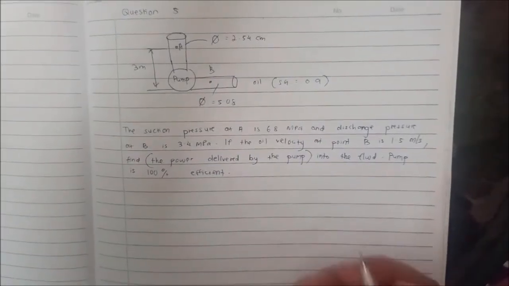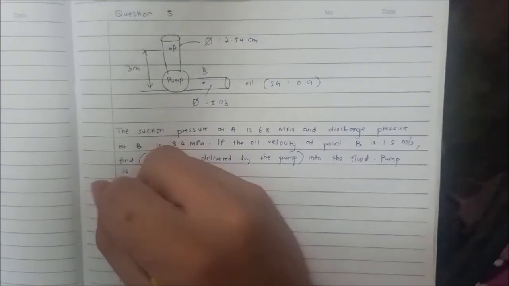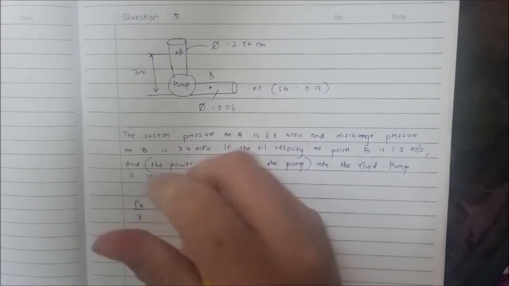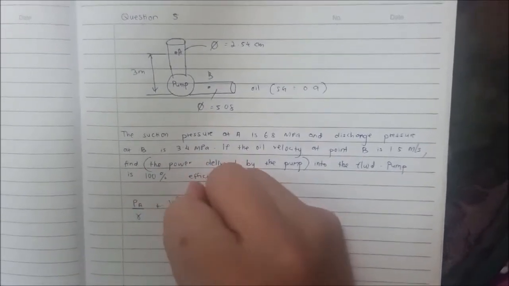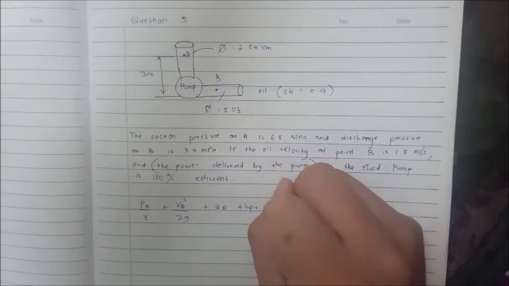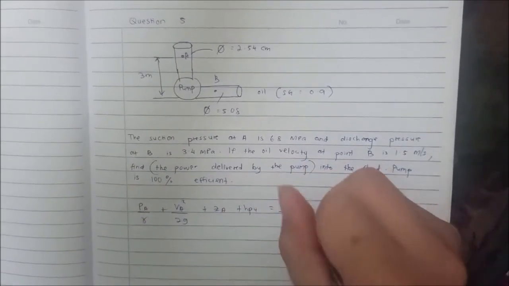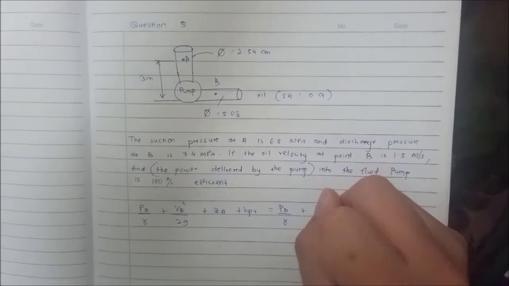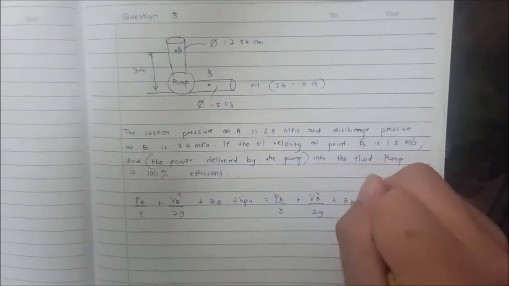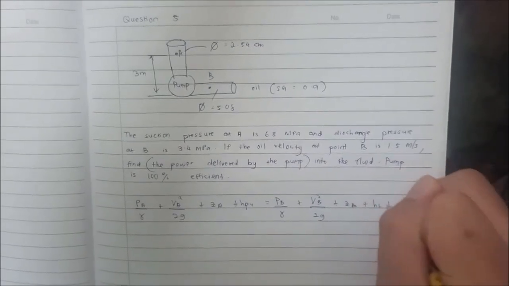So the first step, we write the Bernoulli equation. PA over gamma plus VA squared over 2g plus ZA plus HPU equal to PB over gamma plus VB squared over 2g plus ZB plus HL and HT.